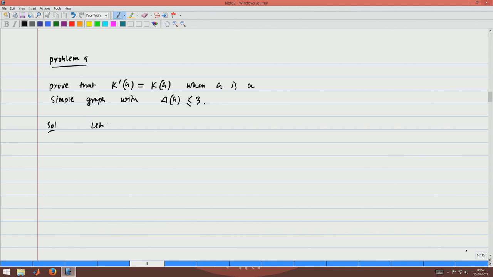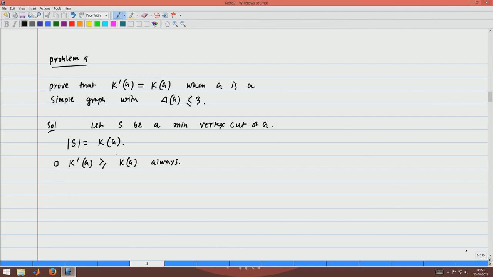Let S be a minimum vertex cut of G. That means the cardinality of S is k G, and what we know is that k prime G is always greater than or equal to k G. This is always true, that we have proved at the very beginning.